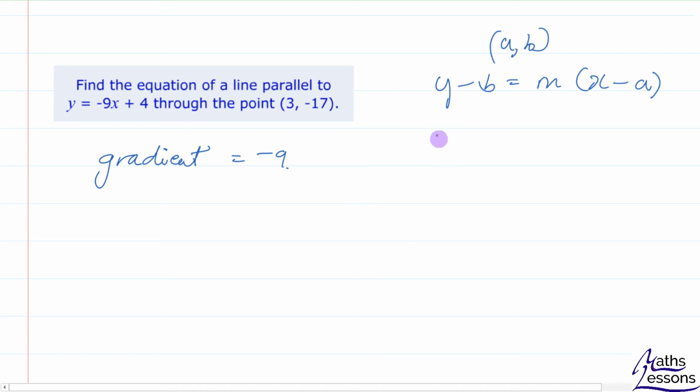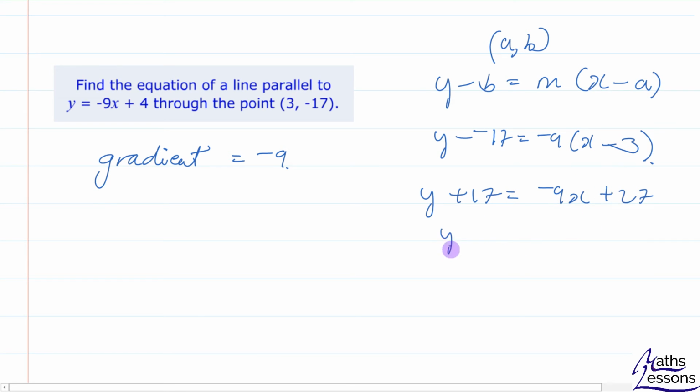So we put that in: y minus b, which is -17, so minus 17, equals -9 times (x minus 3), minus the a value. So we get y plus 17 equals -9 times x, and -9 times -3 is plus 27. Take them away, we get y equals -9x plus 10.